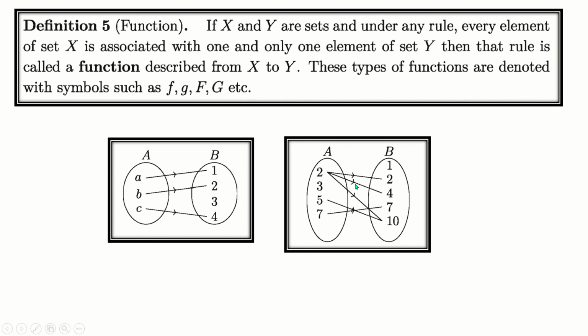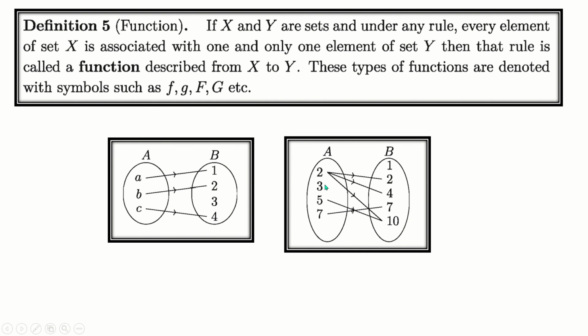Follow another example. This is not a function because it connects more than one element. That means 2 can correspond to only one unique element of the set B. But 2 connects to 2, 2 connects to 4, 2 connects to 10, which is not possible.